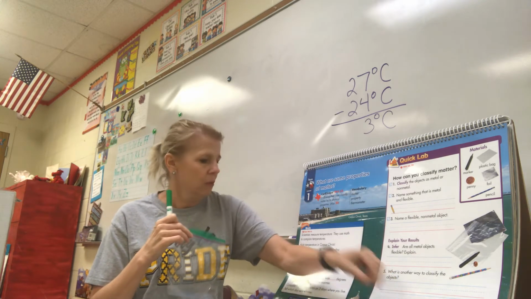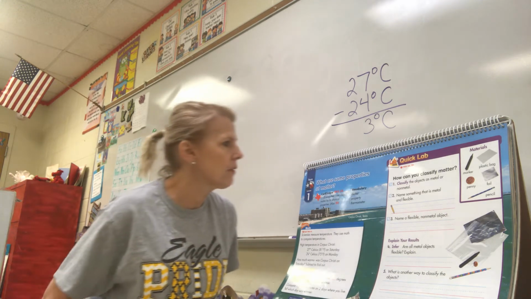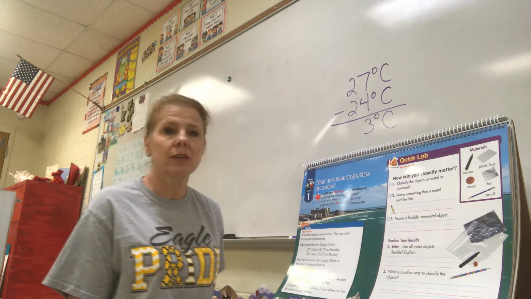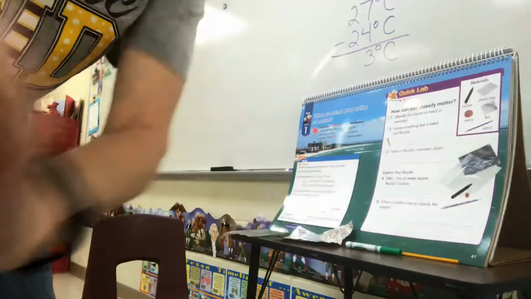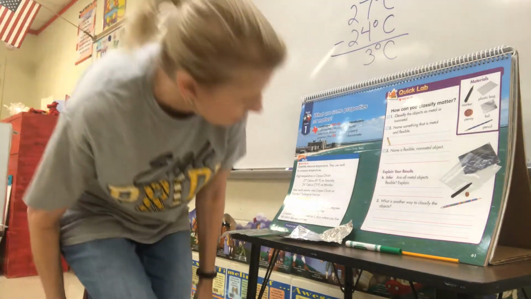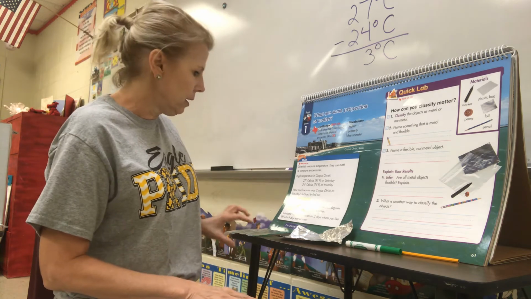So we are going to look at our items. It says classify the objects as metal or non-metal. So let me see if I can go down just a little bit so you can see that. Okay, sorry. So we're going to put these in metal and non-metal.